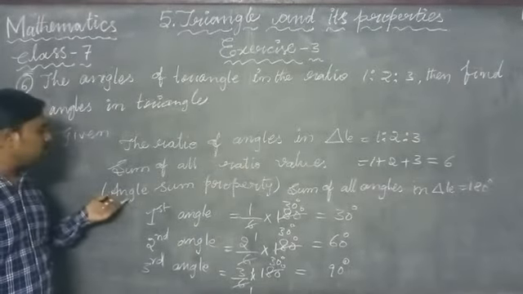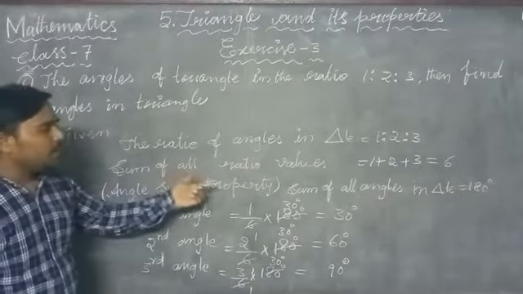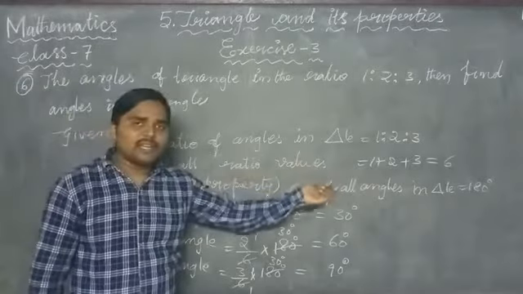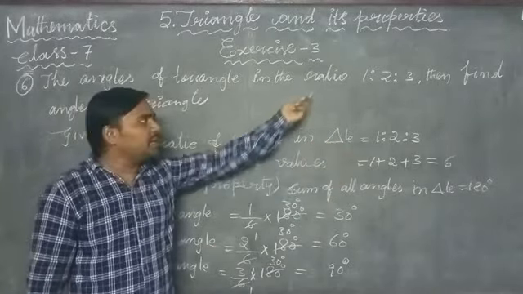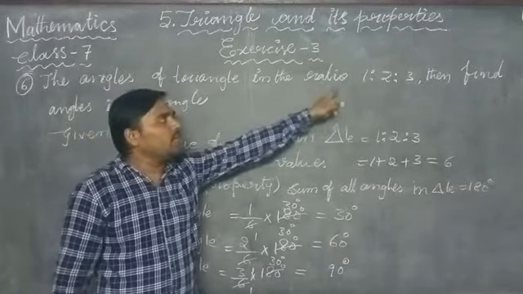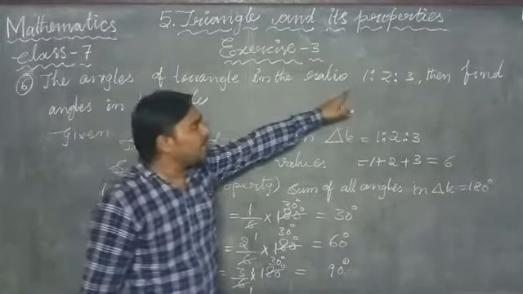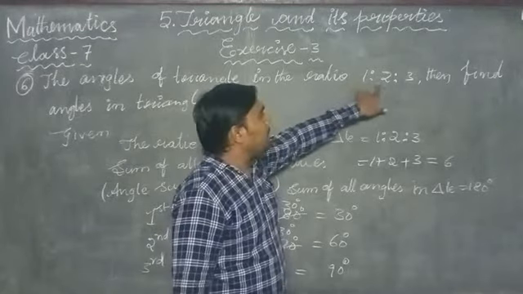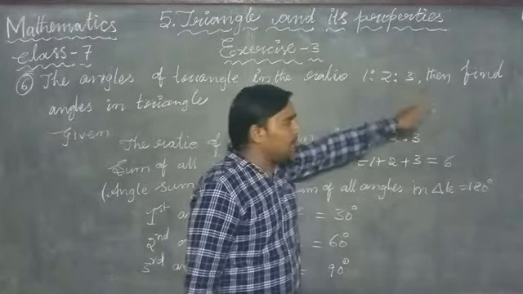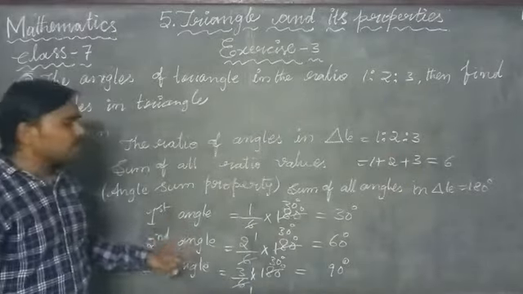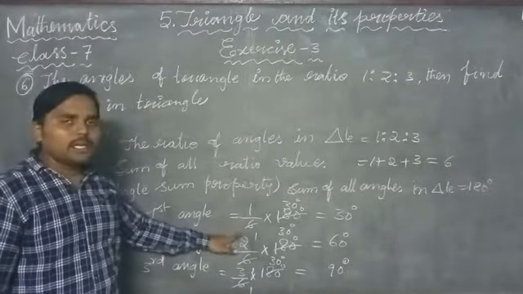According to the angle sum property, the sum of all angles in a triangle is 180 degrees. So the 180 degrees is split into 6 parts. The first angle has 1 part, the second angle has 2 parts, and the third angle has 3 parts.